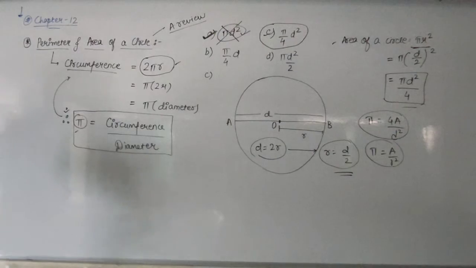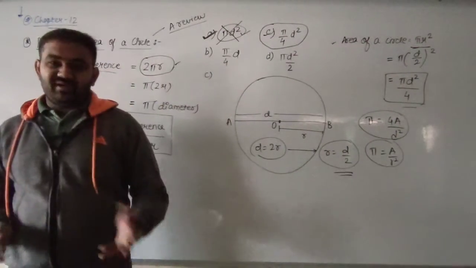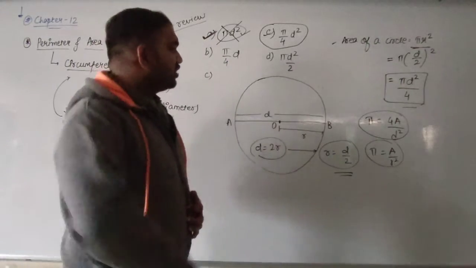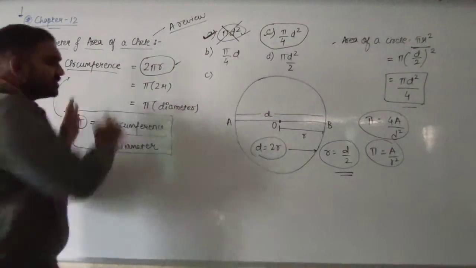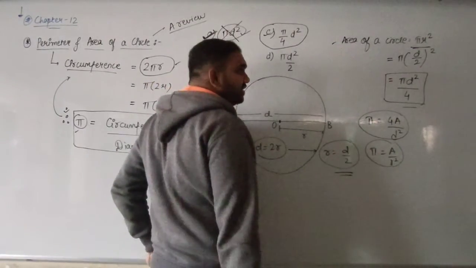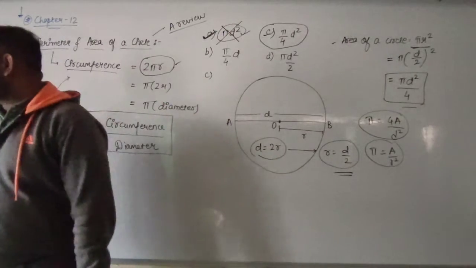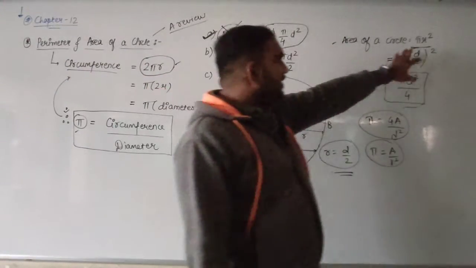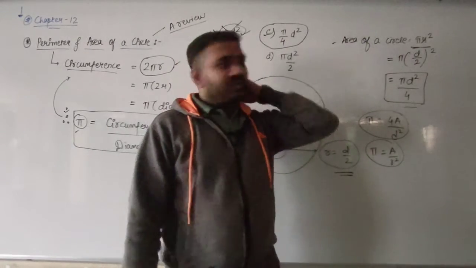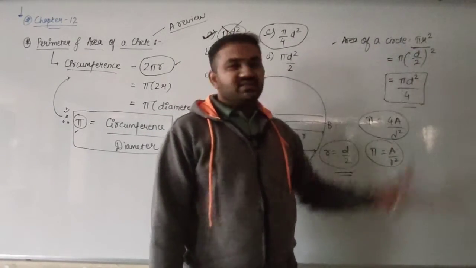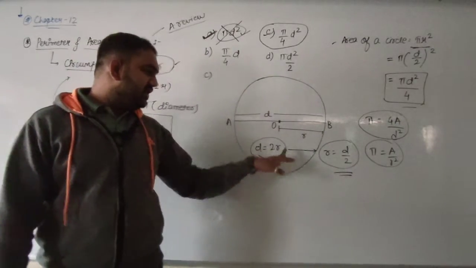So what we were talking about, sorry, the voice was not going and I just continued. What I was teaching was the circumference and the area of the circle. Area of a circle is pi r square. R is equals to d upon 2, d is equals to 2r.